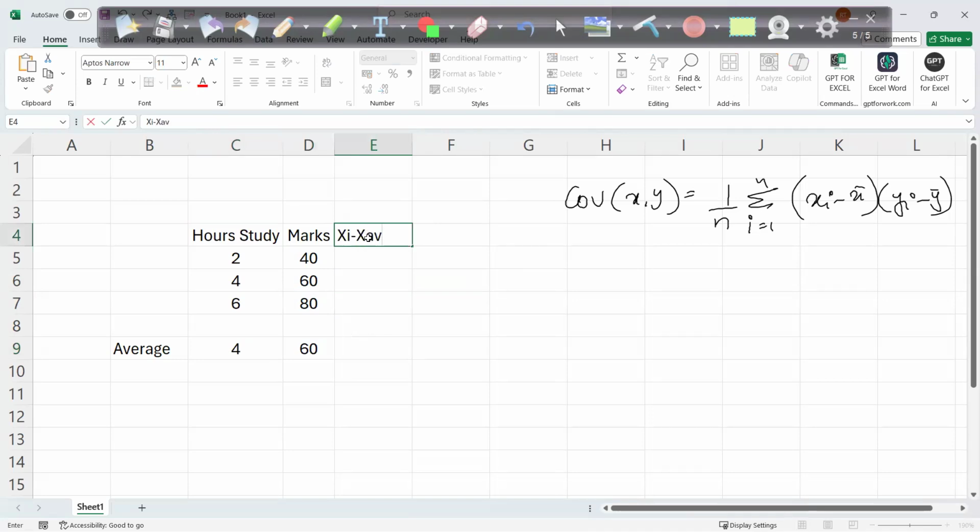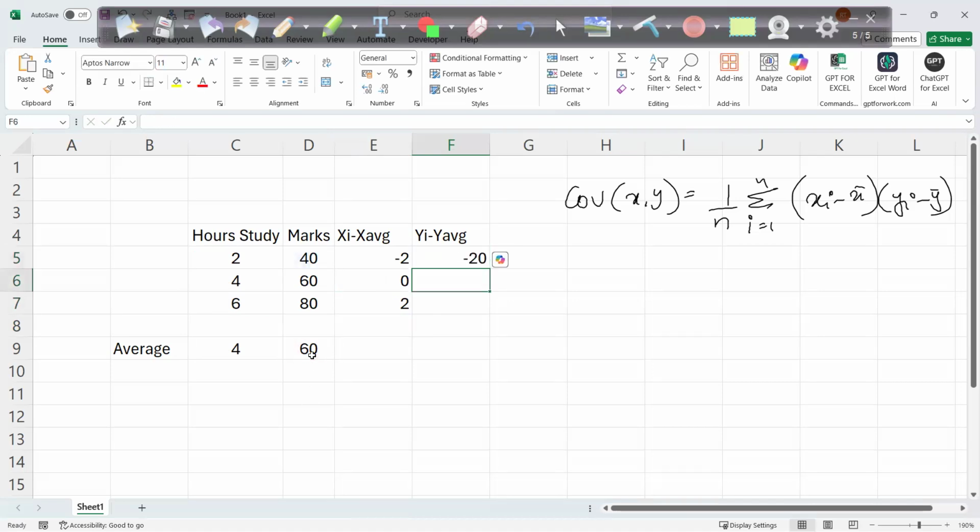Xi minus x average for each record, same way for yi also, yi minus y average. So I got my xi minus x average and my yi minus y average.